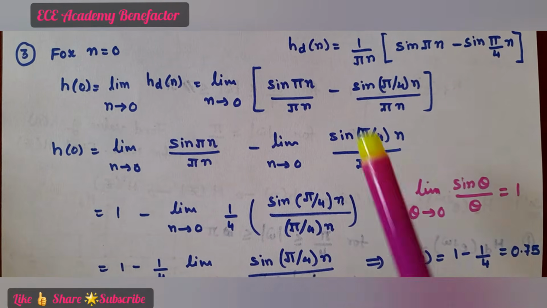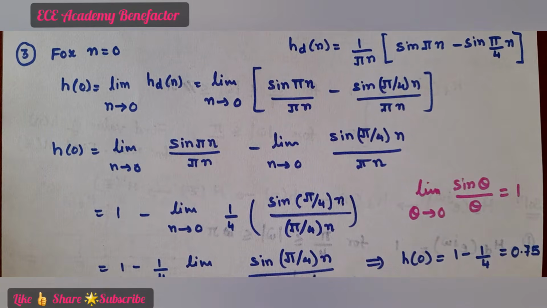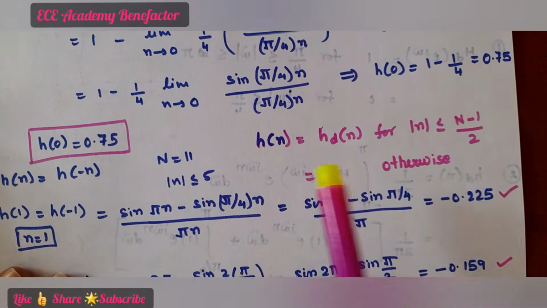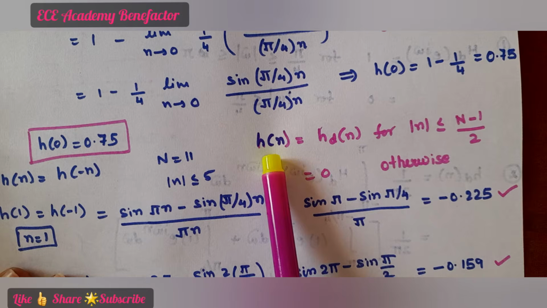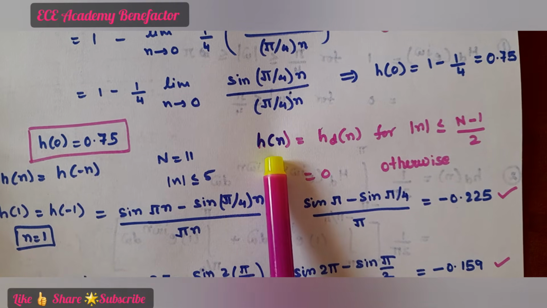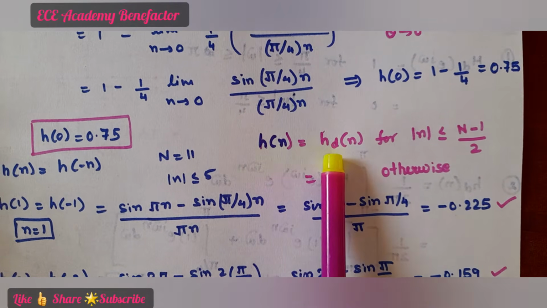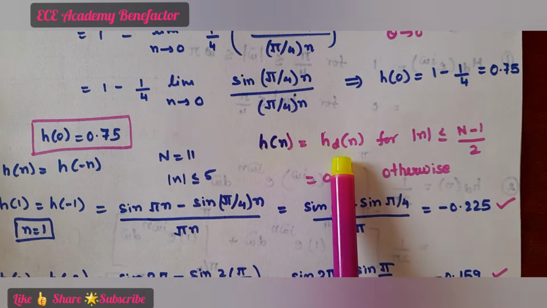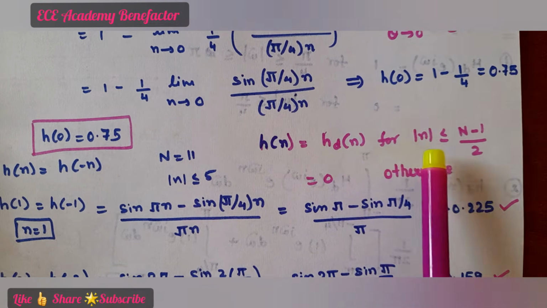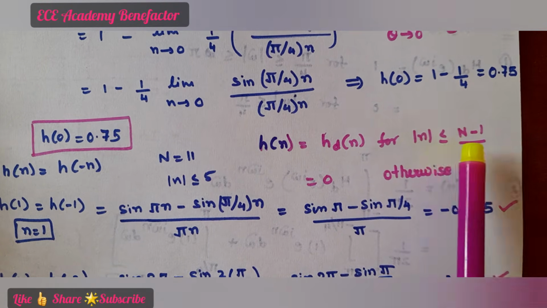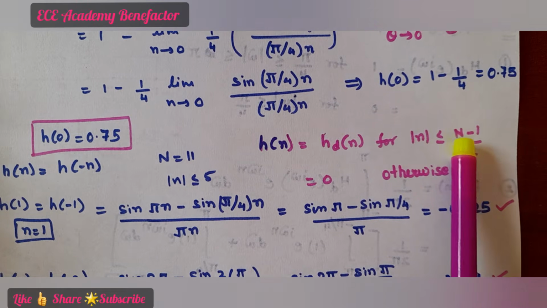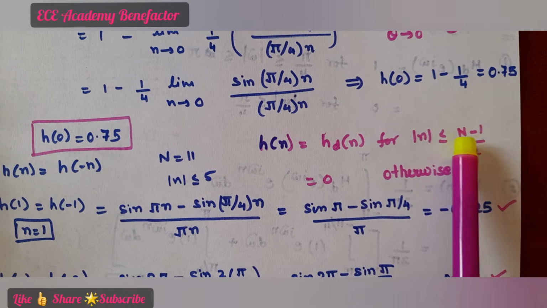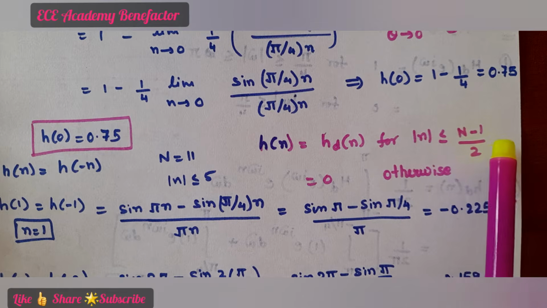For truncating h d of n, we have the equation for h of n, the truncated impulse response. H of n is equal to h d of n for mod n less than or equal to N minus 1 by 2. N value is given as 11 in the question, so 11 minus 1, that is 10 by 2, is 5.